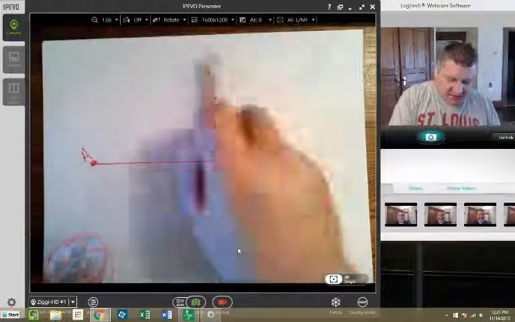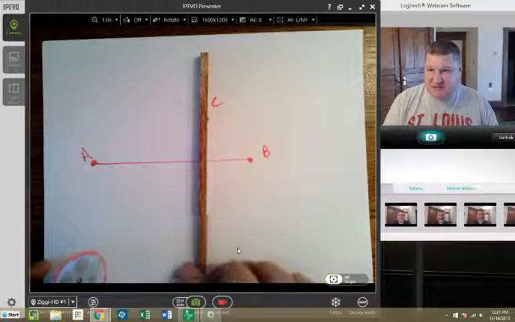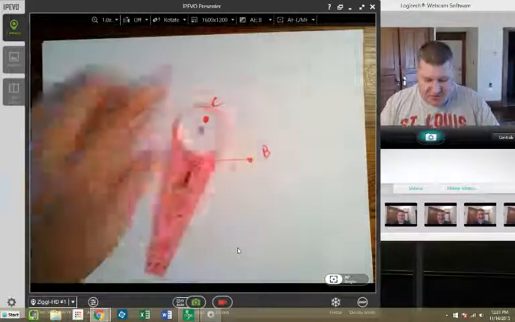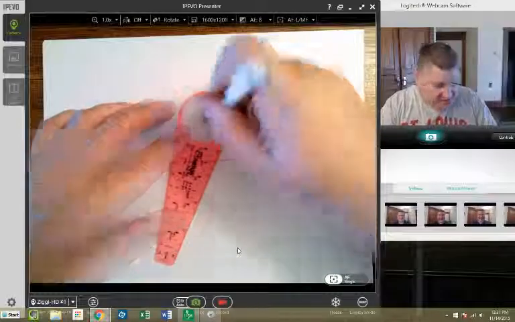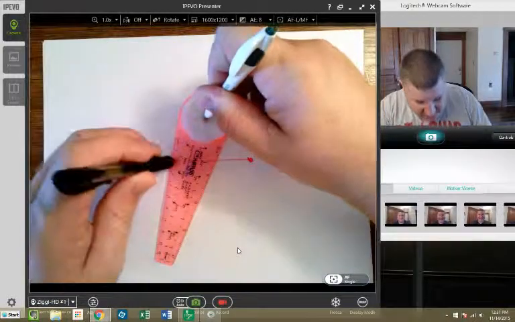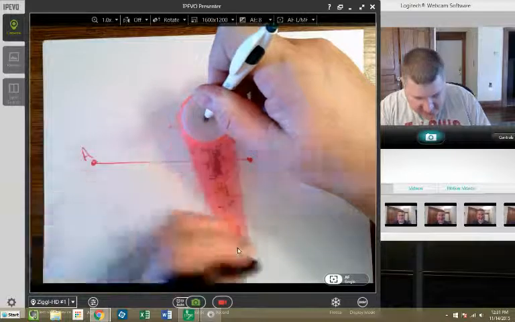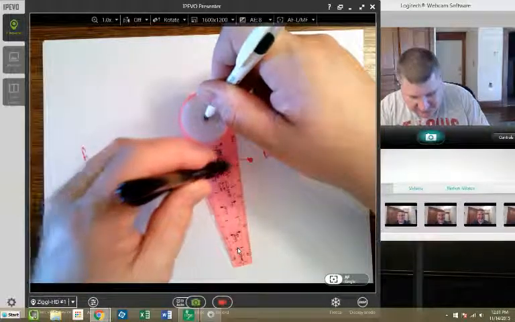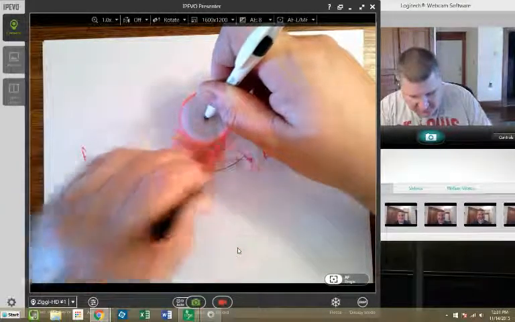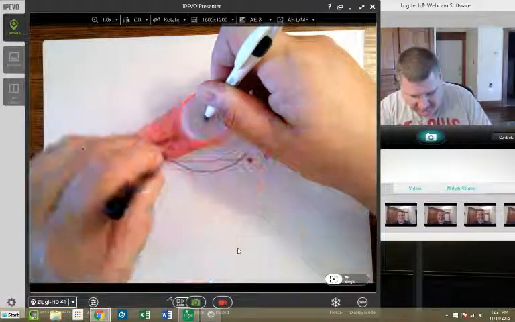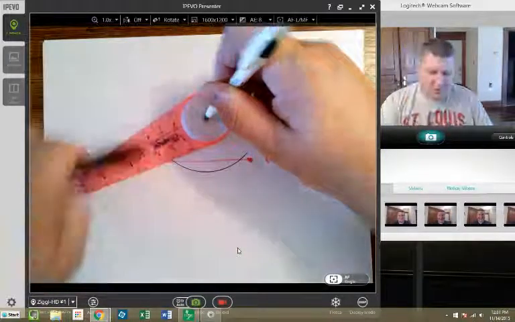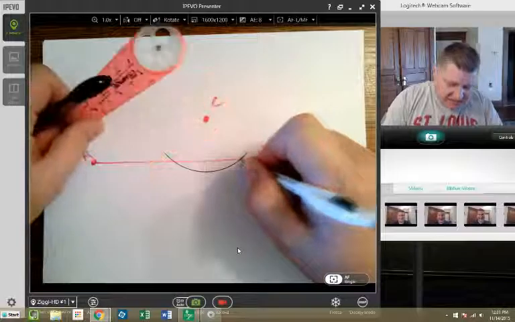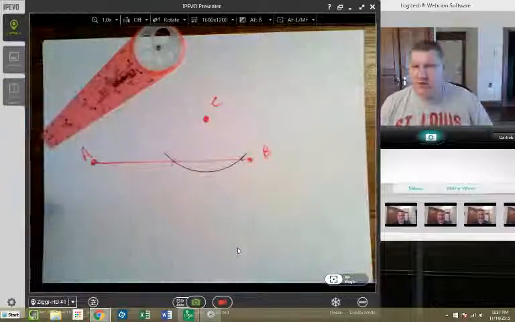I want a line that goes through C, but that is perpendicular. And the way I do that is very simple. I simply find my compass, and any place where I can make an arc that intersects the original twice. It intersects here and here.